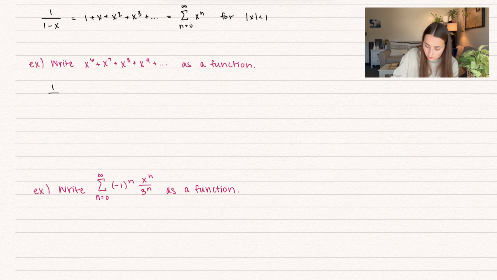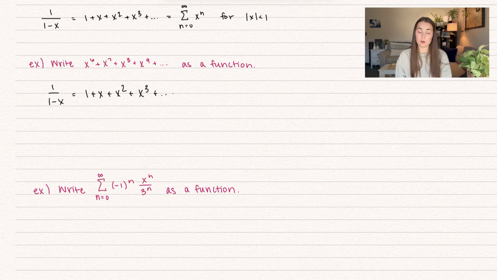So notice that 1 over 1 minus x is equal to 1 plus x plus x squared plus x cubed, and so on and so forth. It's super close to this series. The only thing is that we're starting at x to the power of 6. So what if I multiply both sides by x to the power of 6?